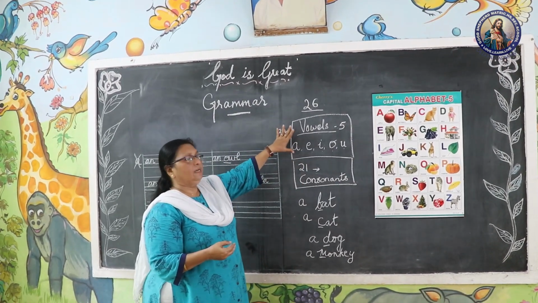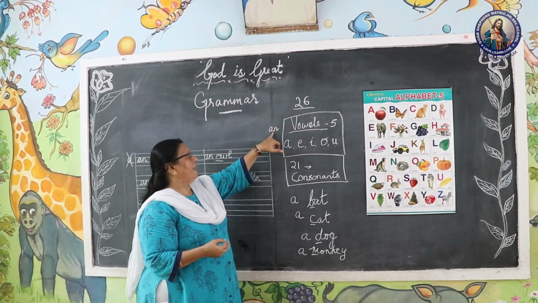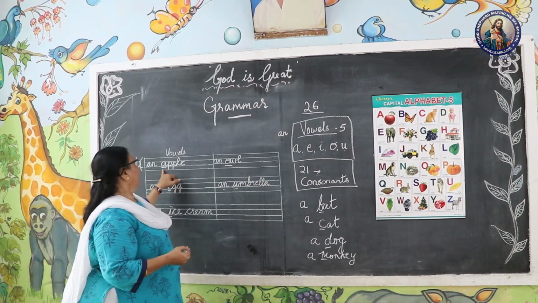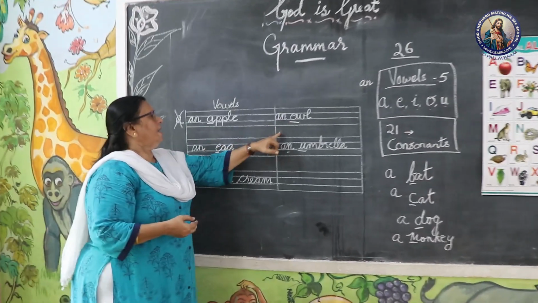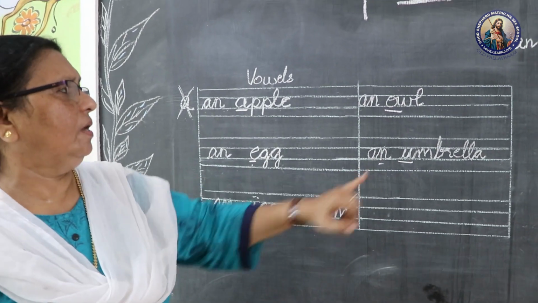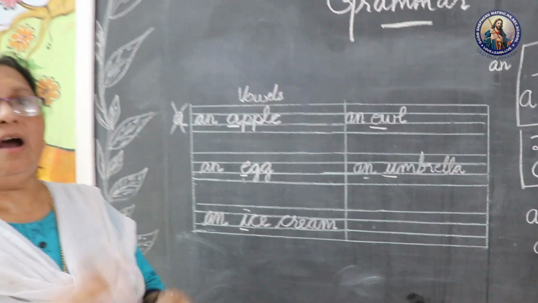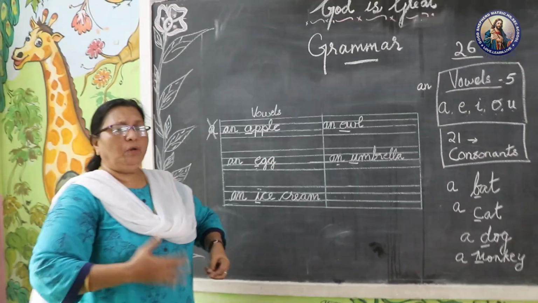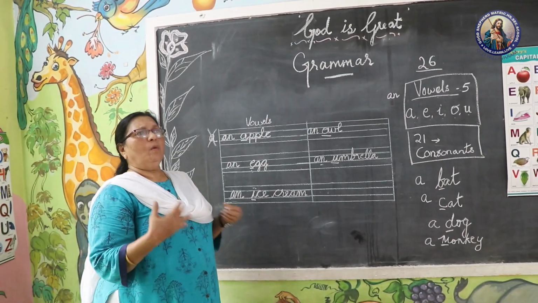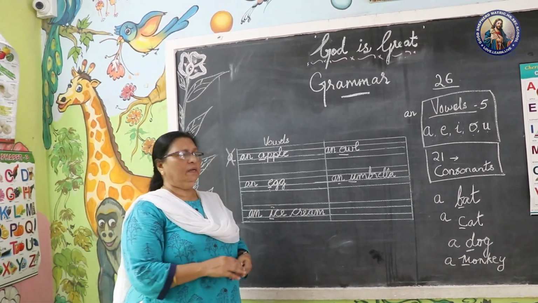For vowels, any word starting with a vowel will start with an: an apple, an owl, an egg, an ice cream, an umbrella. A, E, I, O, U. You have to learn this by heart and it will come automatically. There's nothing difficult, so don't worry.